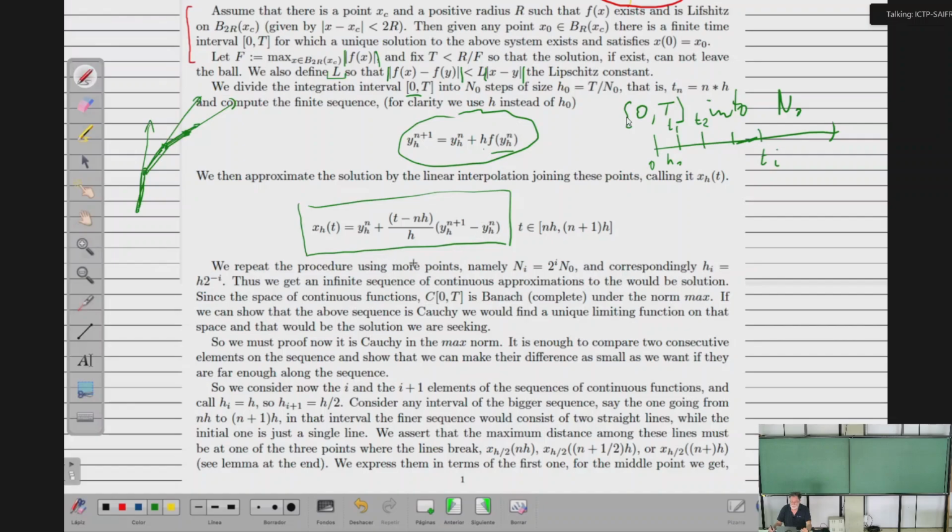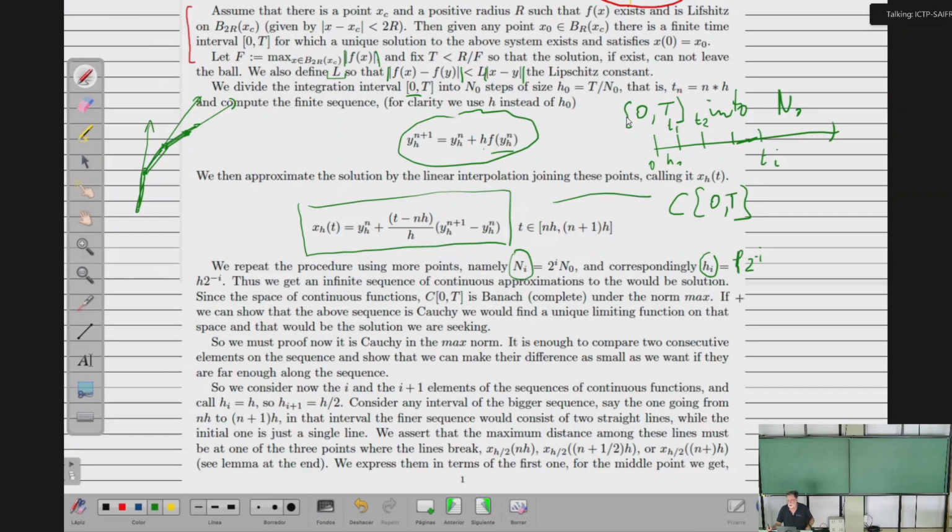And it's bounded, so this thing here is an element of C0 of 0 to t, of bounded continuous functions. By construction, everything is bounded and it's continuous. And now we repeat this construction, but with more points. We take n0 times 2 to the i and call this number of points ni, and correspondingly take hi to be smaller, h times 2 to the minus i.